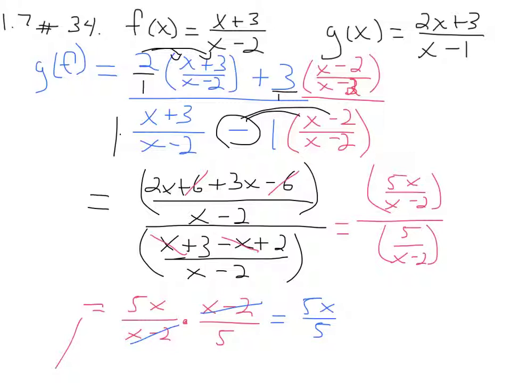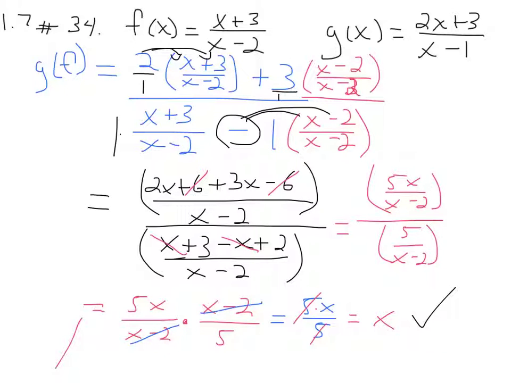And a 5 on the top of the fraction and a 5 on the bottom of the fraction. This is now multiplication. Multiplication and division play nice, so we can cancel those out, leading to an x, which means that these two things are indeed inverses. So that's the algebraic part.